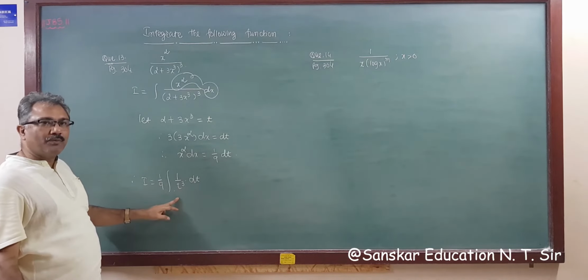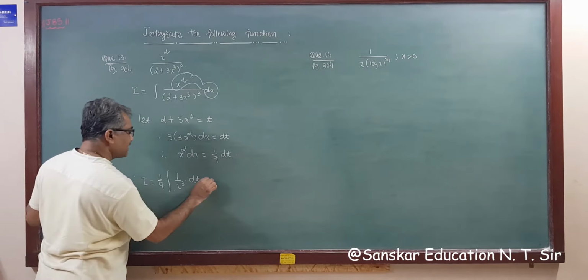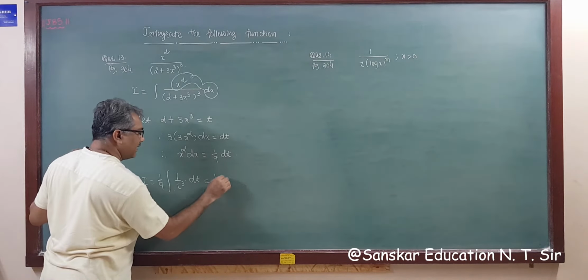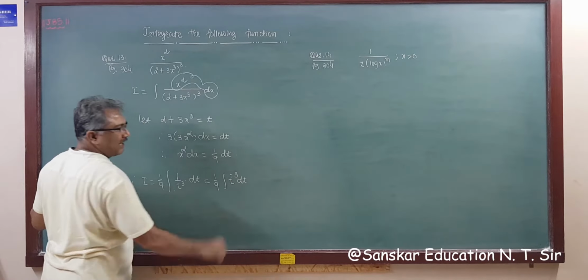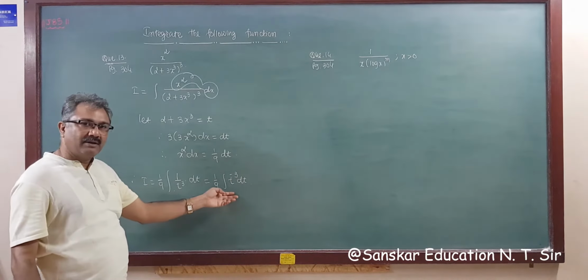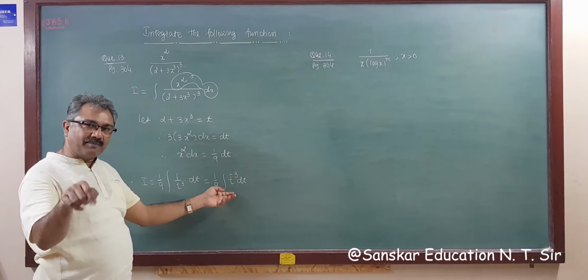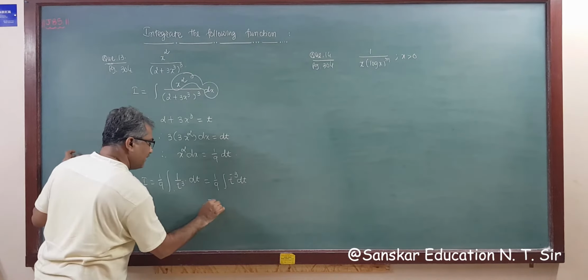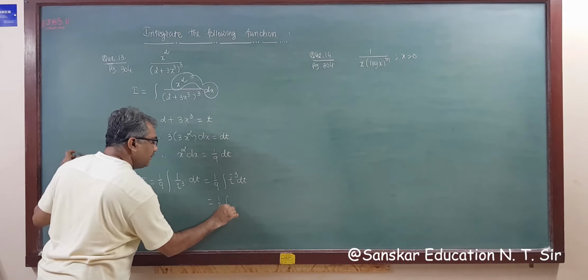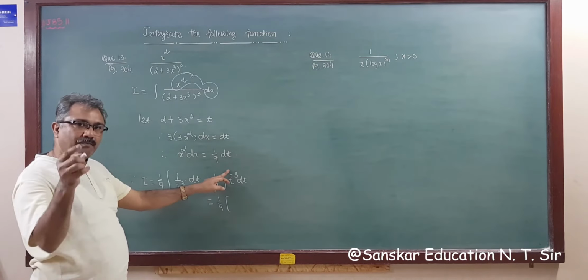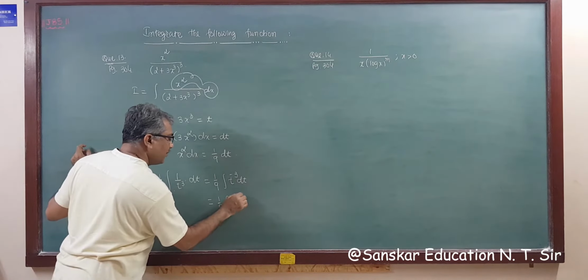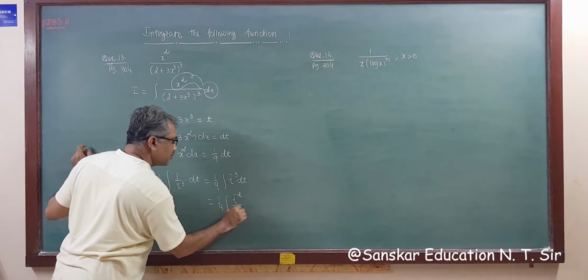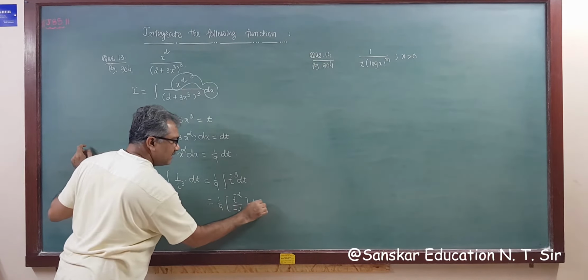Now 1 upon t cube means t raised to minus 3, so this is 1 upon 9 integration t raised to minus 3 dt. Applying the formula x raised to n, power plus 1 upon power plus 1, this will be 1 upon 9 into t raised to minus 3 plus 1, that is minus 2, upon minus 2, plus c.